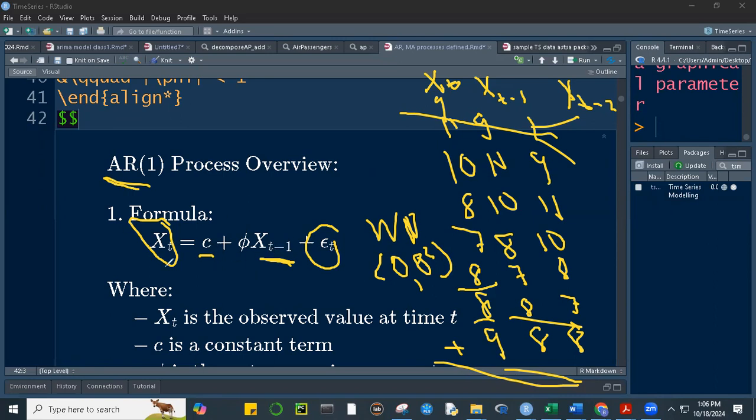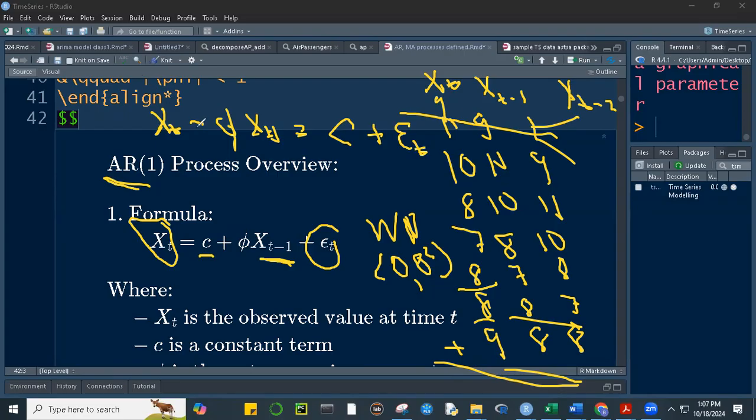Also, last time we said that this can be expressed with a backshift operator. Another way to write this, because sometimes you might see this in textbooks or in literature, is to group your x sub t's together. So this will be x sub t, and I put this on the other side, minus phi x sub t minus 1, and then it's equal to c plus epsilon sub t.